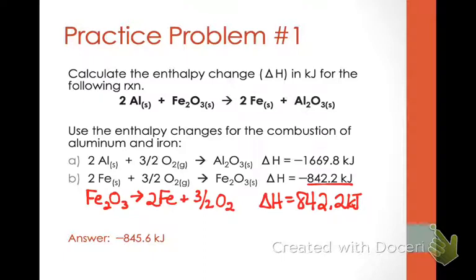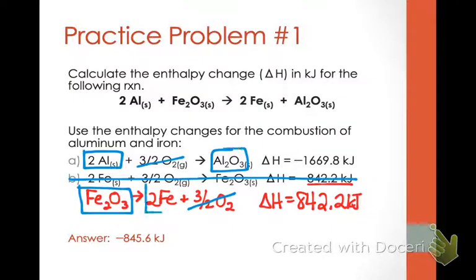Now if I look to see what I can cancel, I have 3/2, whoops, I'm not using that reaction. Let me just cross that out because we're not using that one. We reversed it. I have 3/2 O2 on the reactant side and 3/2 O2 on the product side, so I can get rid of that. And that's the only thing I can get rid of. If I look at the overall reaction now, I have my 2Al and my Fe2O3 on the reactant side, and then my products, I have Al2O3 and 2Fe.